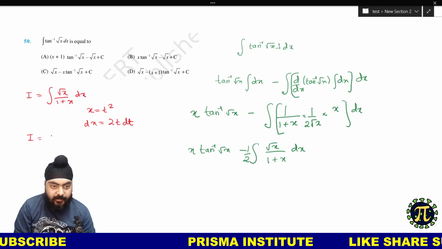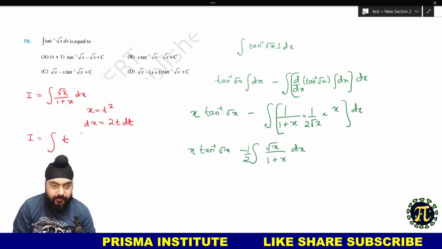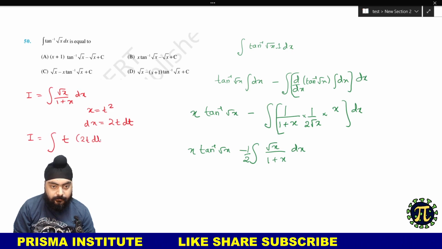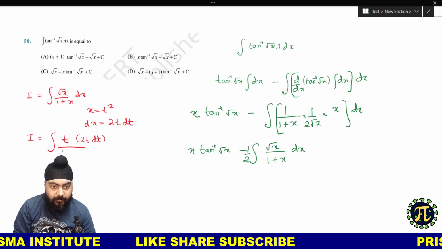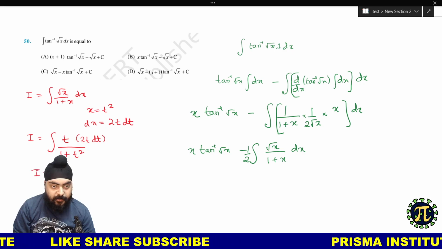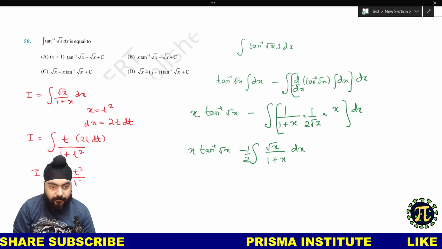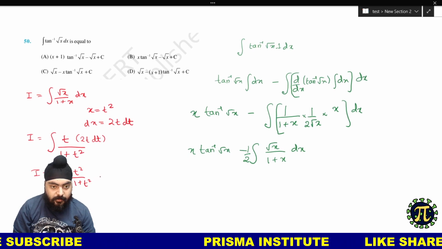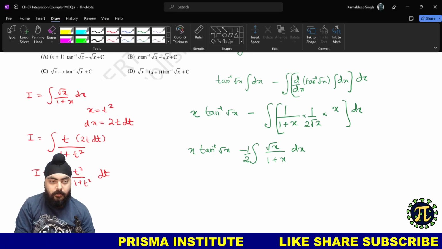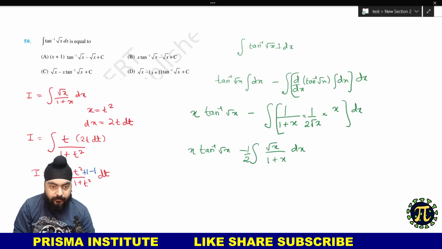and this integral I will become, so in the numerator root x is t, and in place of dx comes 2t dt, and in the denominator 1 plus x becomes 1 plus t square, right? And our integral becomes 2 outside, t square by 1 plus t square dt. To solve this problem, I will add 1 and subtract 1 in the numerator.